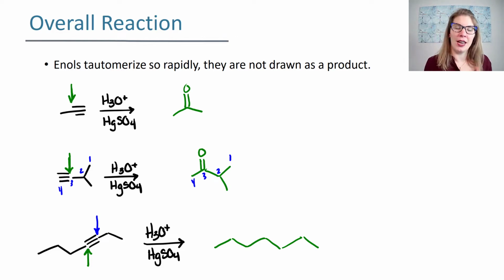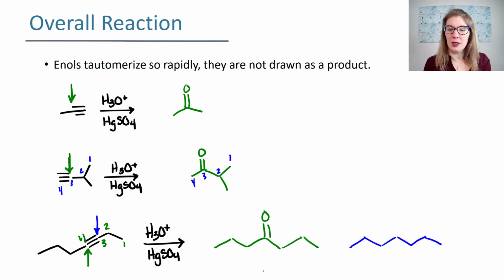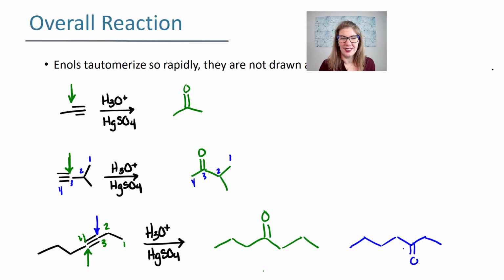And if we're counting from the right, and this one could be nomenclature numbering, at the fourth position, you're going to get your C double bond O. And then you're going to have another product where at the third position, you'll get your C double bond O. So if your alkyne is not terminal, you need to be prepared to end up with a mixture of products.